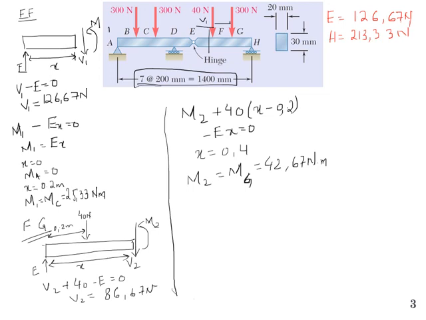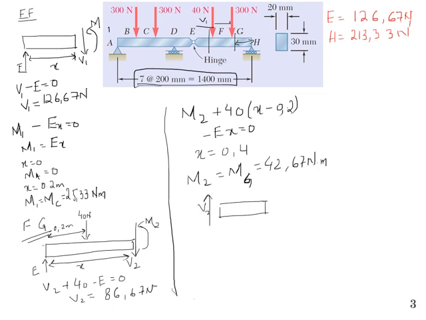Now let's take a section just after G, and this time we consider only this segment. Why? Because we only have to deal with two forces and it's easy to calculate. So let me draw the free body diagram for that segment. Since we are taking the section from right to left, the shear force upward is taken as positive.